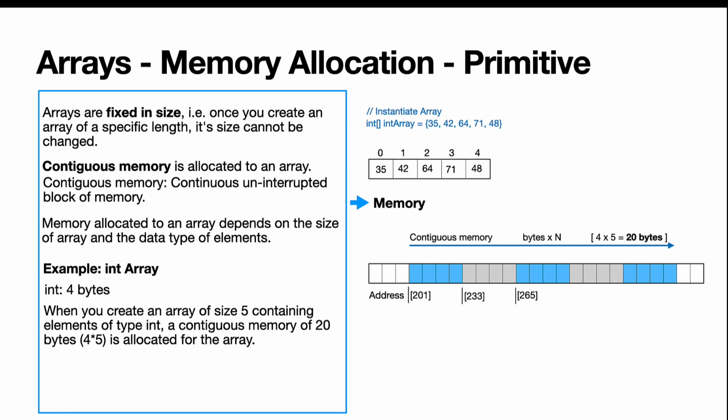Then the next 20 bytes, that is 160 bits of memory, is assigned or blocked for our array. So the first element is put at address 201, second at 233, third at 265, fourth at 297, and the fifth at 329. Each element is allocated 4 bytes, which is 32 bits.